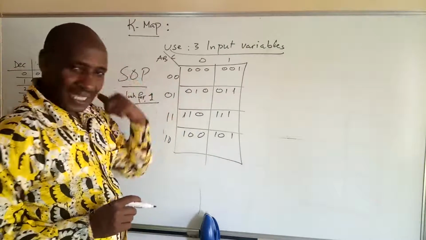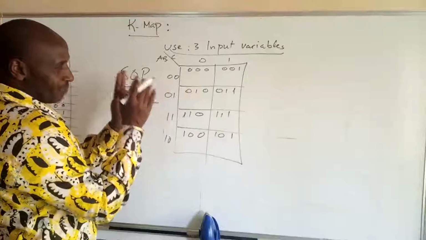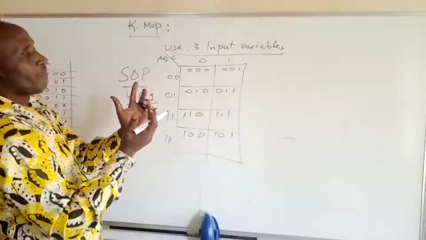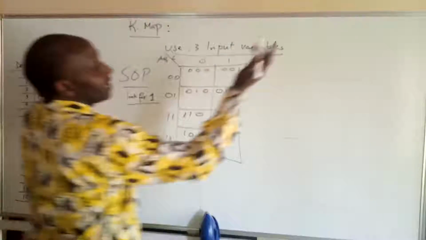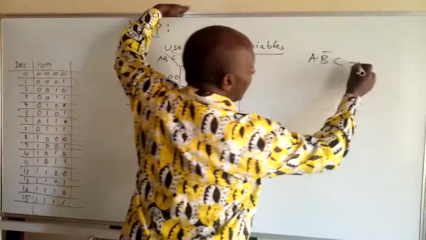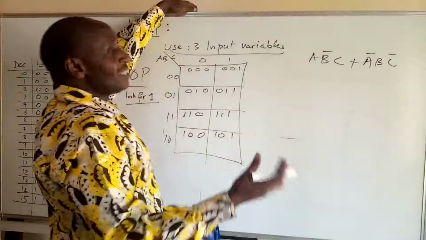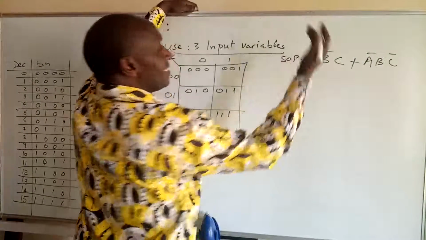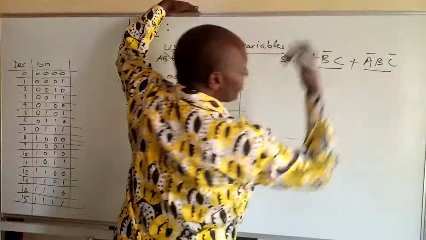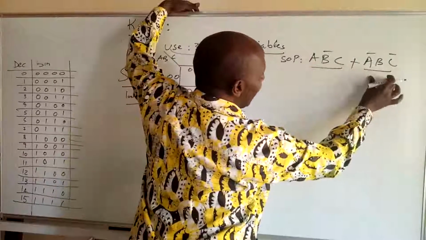If you multiply the variables inside one term, what is the value? For example, A, B, C bar plus A bar, B, C bar. This is a sum of product, because we have one product, a second product, and a sum. One or, one and, one and.